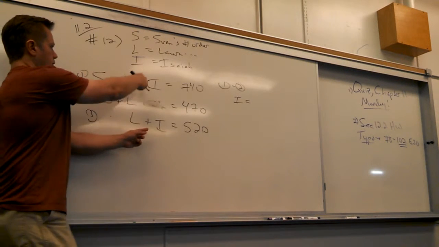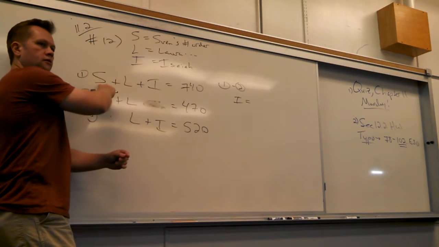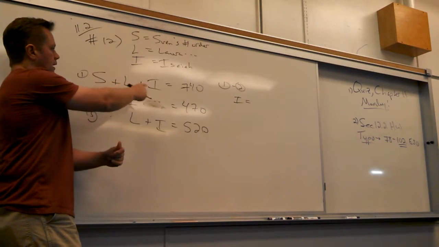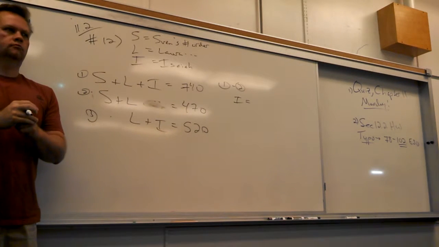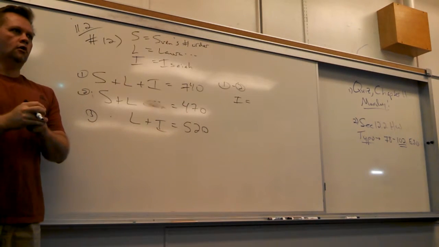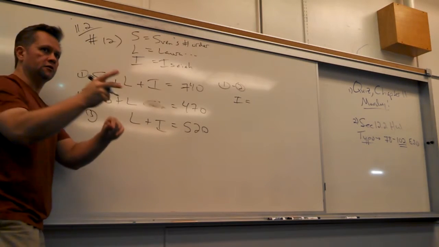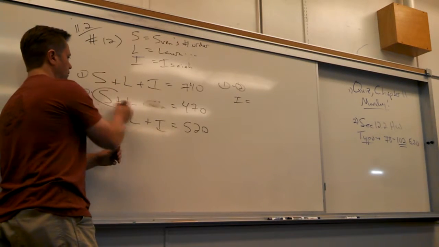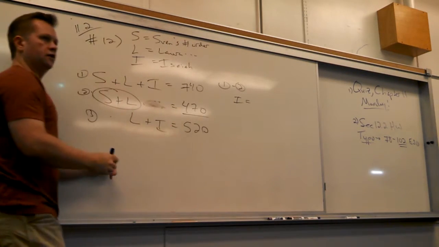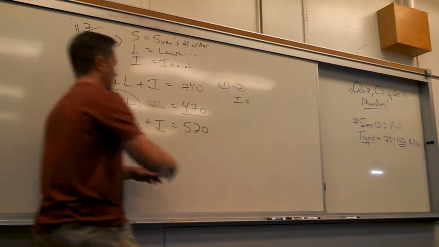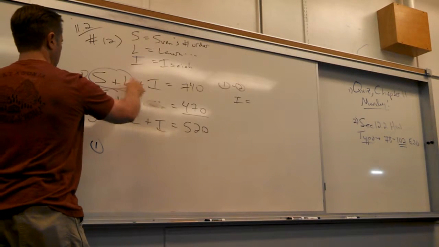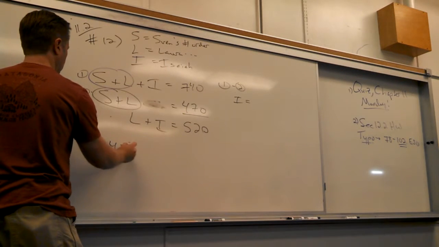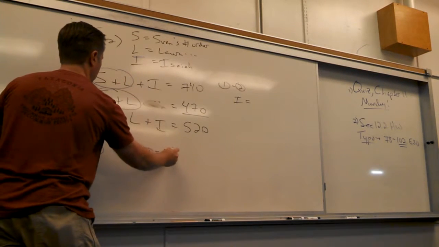And then you can do the same thing between these two to figure out S. And then once I know S and I know L. Or if you want to look at it a whole different way, you ready? S plus L is 470. So can't I rewrite equation number 1 as 470 plus I equals 740?